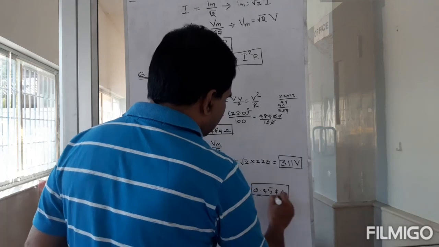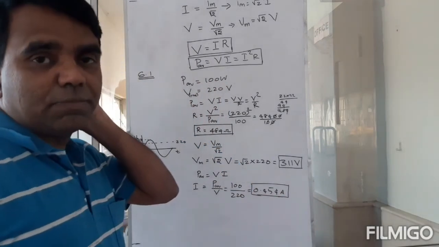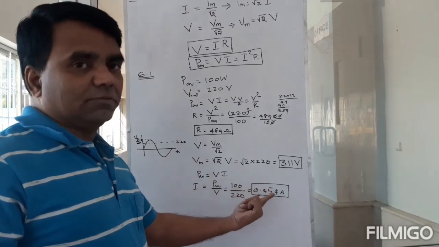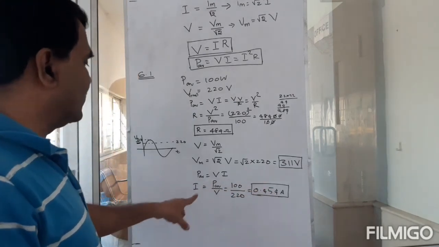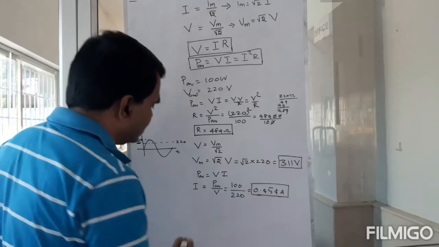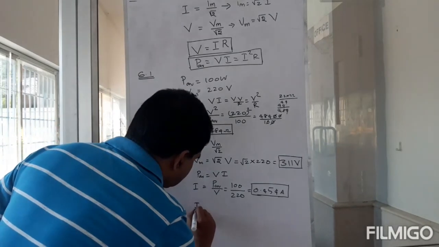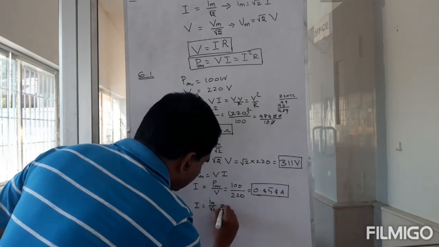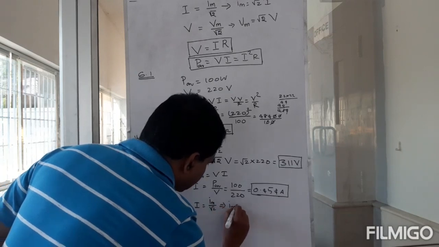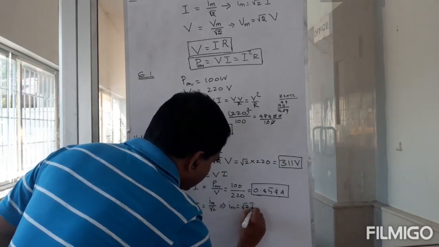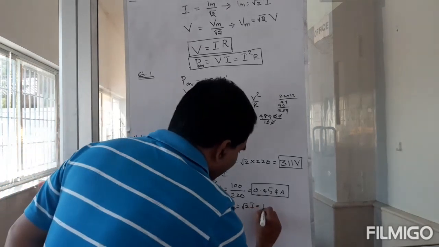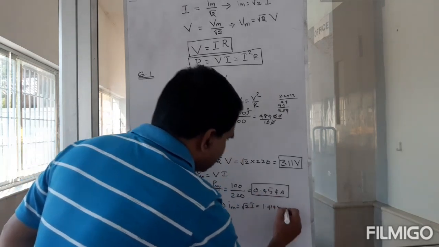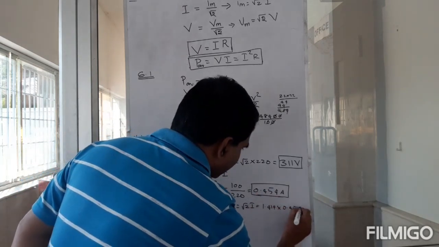Again, this is simply the RMS value. Then the maximum value of current, that cannot be found, it's not given. So I is equal to Im by root 2. So that gives you Im is equal to root 2 into I. So that would be 1.414 into I RMS, which is 0.454.